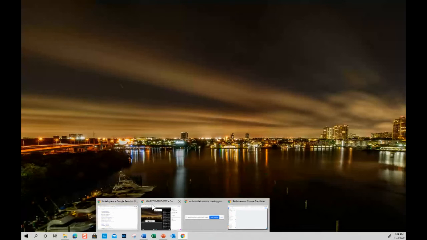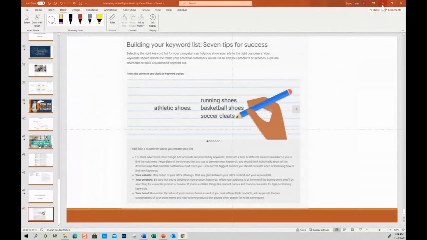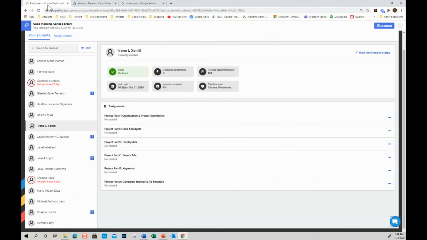I saw that you opened it on Blackboard, but when you go to PathStream, it's just a different module. It's the same quiz. You can open it directly from PathStream, or you can open it directly from the module.